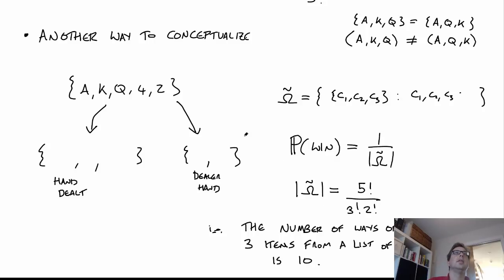Okay. So another way to think about this, just one more, is that I could think of these being the 5 cards in the hand of the dealer, and I put a black spot over the cards that the dealer gives to me, and a white spot over the cards that are left at the end.